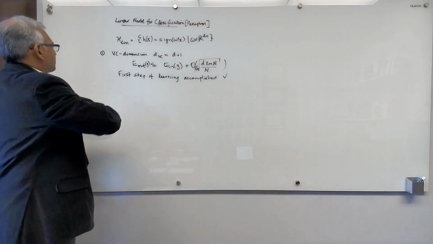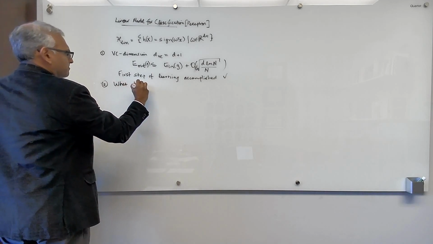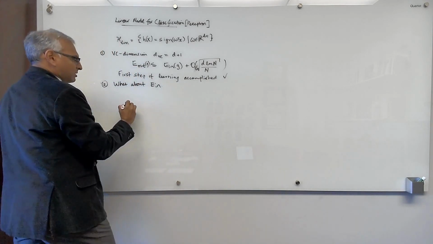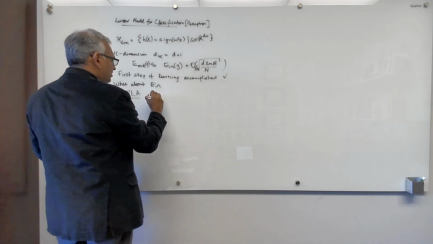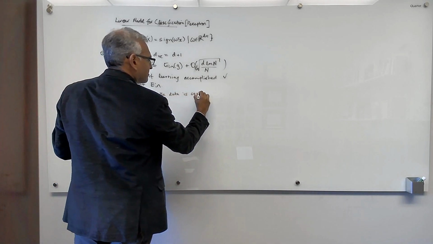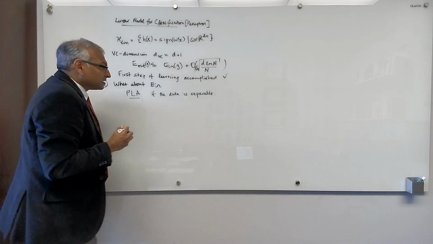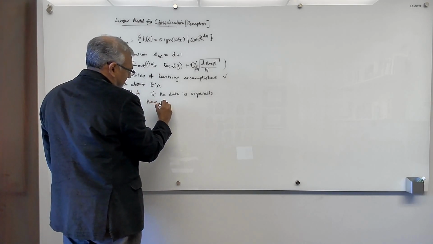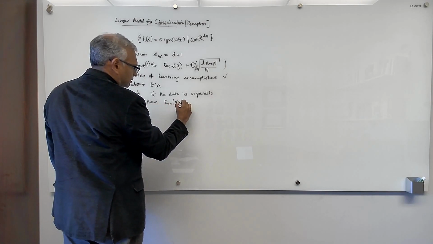Now, what about the second step of learning? What about E in? That's where we had the perceptron learning algorithm. Remember, we have this perceptron learning algorithm, and we have this theorem. If the data is separable, then you can get E in of g equal to 0.